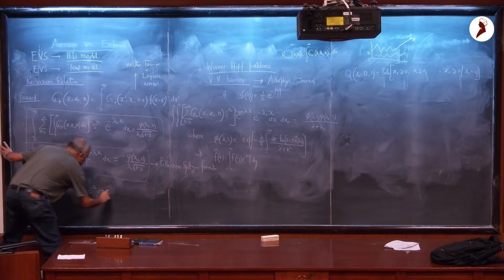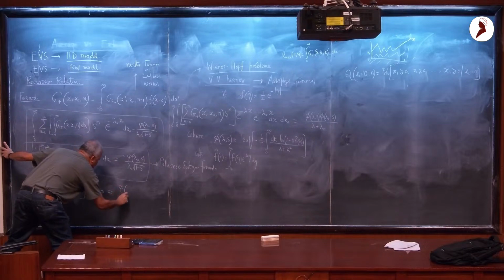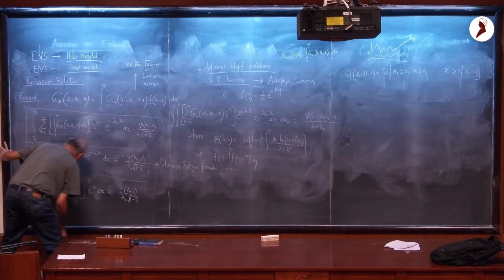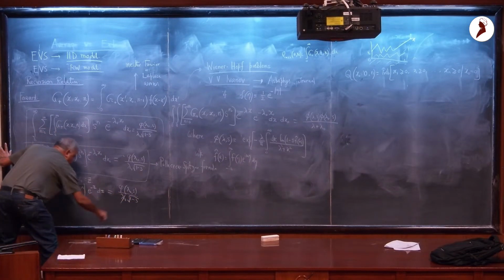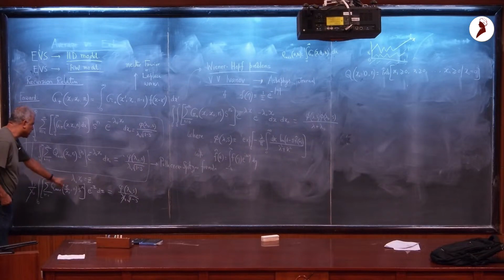This is equal to phi lambda naught s by lambda naught square root of 1 minus s. So the 1 over lambda naught cancels. This is exact. I have not done anything, just made a change of variable.